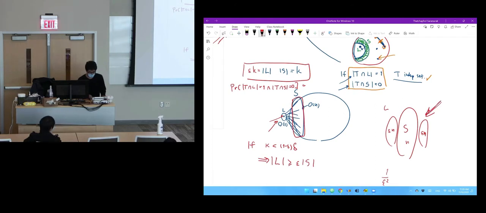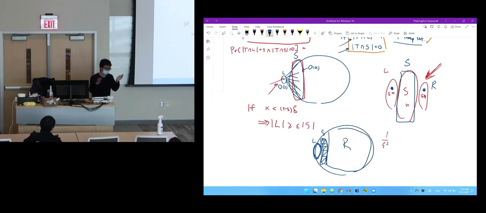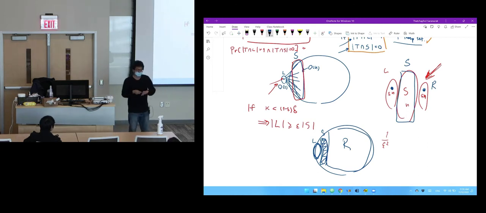The reason we talk about this case is the question of how we even make sure that we get some other node which is not in S, and we need some other node on the other side in R. Most of the time when we think about L and S, L is on the smaller side, S is the separator, and this is R. When you think of R as the rest of the vertices, most likely when you sample a set of vertices, there will be a bunch of guys in R anyway.